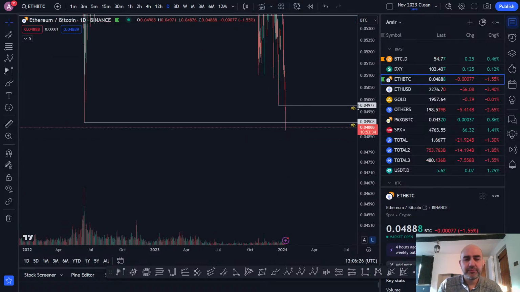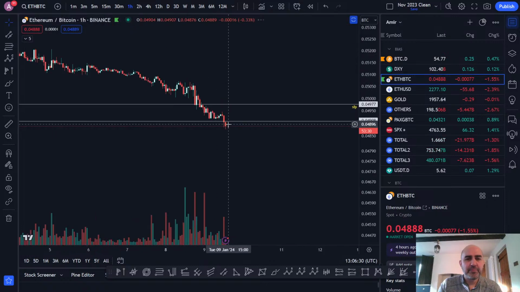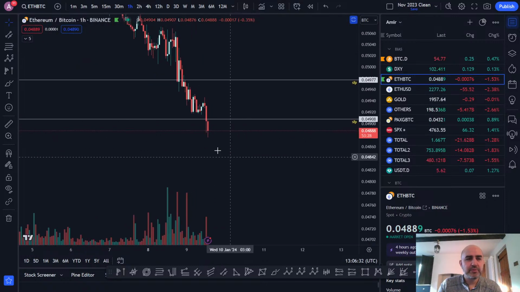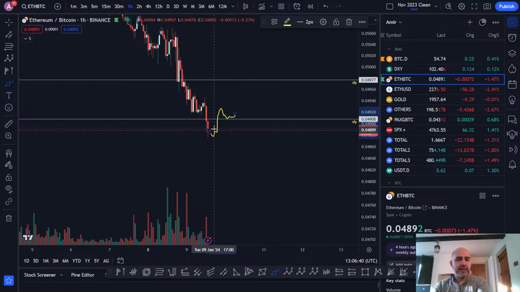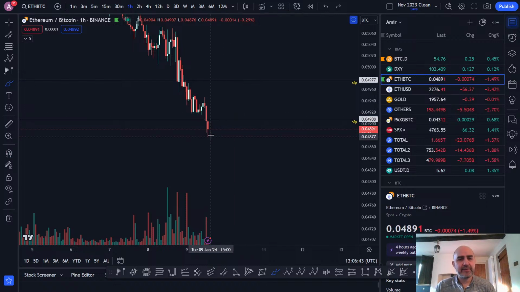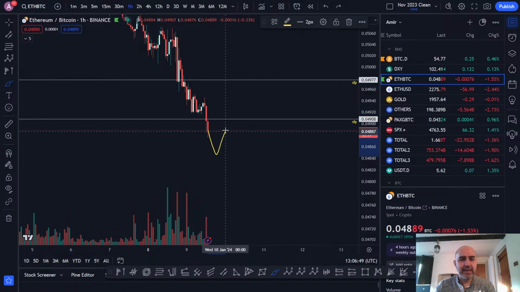Mark this low, right? And if we start coming back above this level, that's going to be a good sign, right? If we start coming back above this level somehow, I don't know how we're going to get there. It might be like this: back test for resistance, and then it just comes back up.